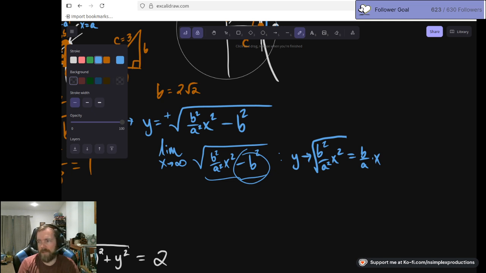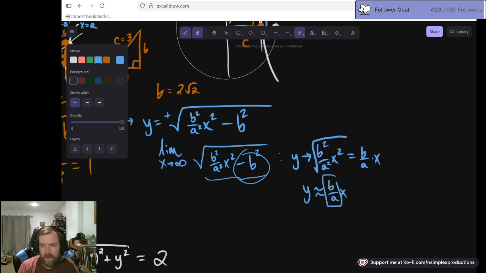So x squared is much bigger than some constant if x is getting close to infinity. Right, so y is going to be approximately b over a times x.